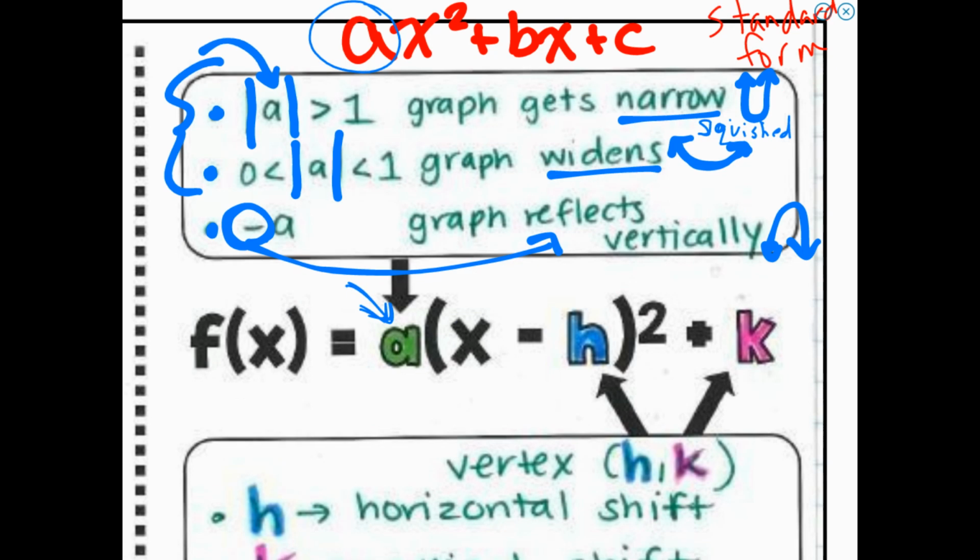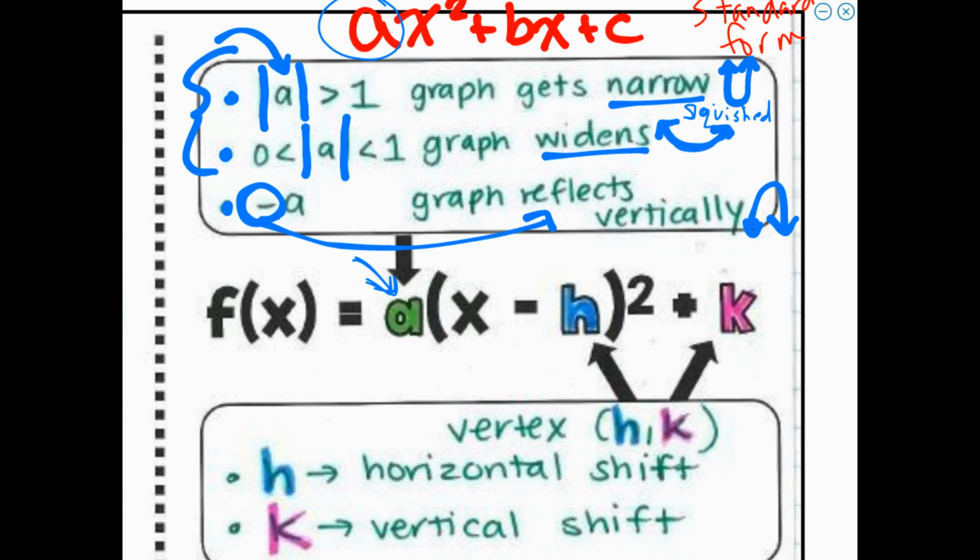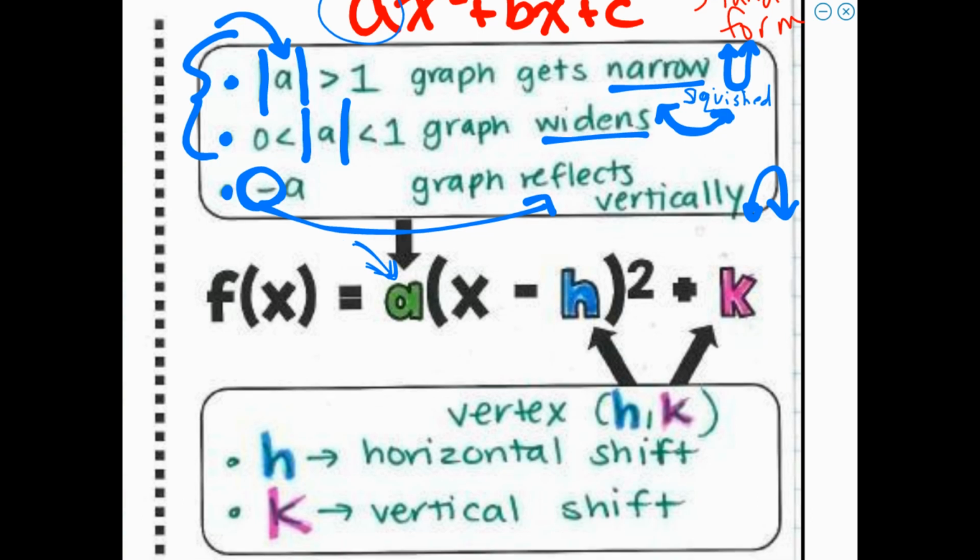So the vertex form is this form that's written right here that you can see. f of x equals the a value, which we talked about what the a tells you. And then it's got parentheses. Notice it still has the square because we're talking about quadratics.